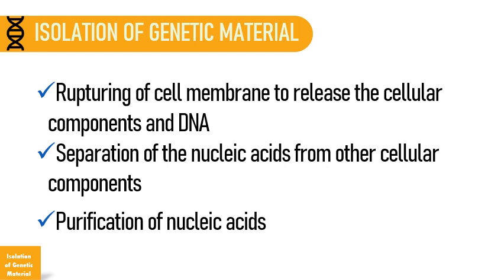To achieve that, we must follow this three-step process. That is, rupturing of all cell membranes to release the cellular components and DNA. The second step is separation of nucleic acids from other cellular components. And the third, purification of nucleic acids.